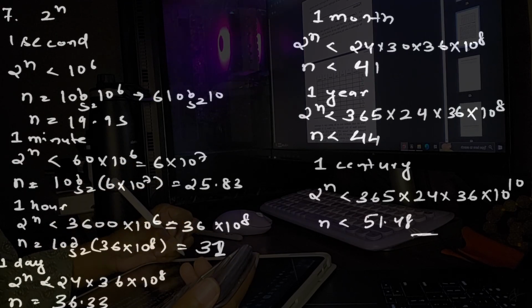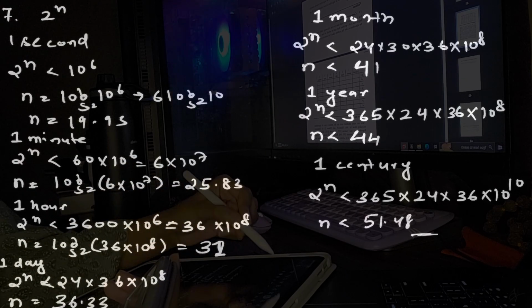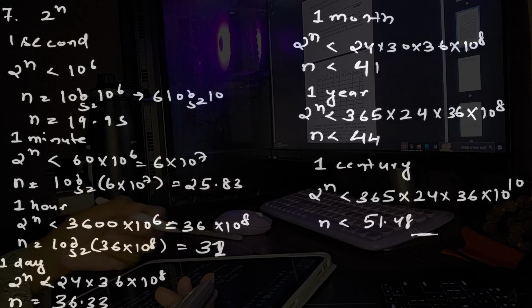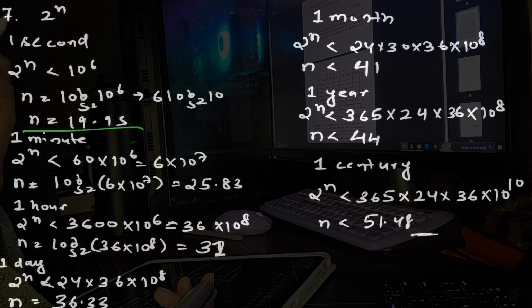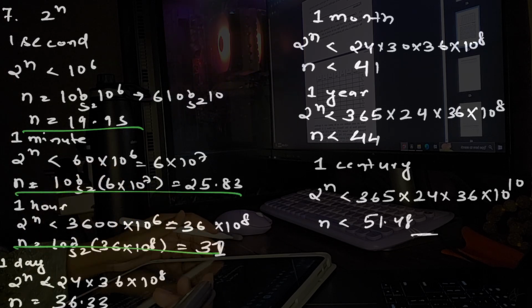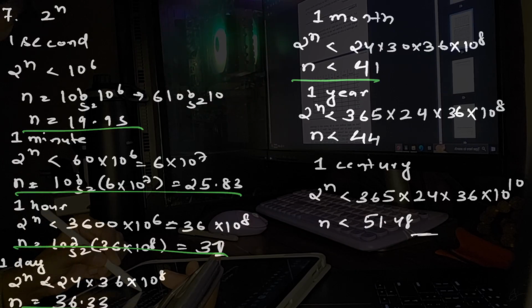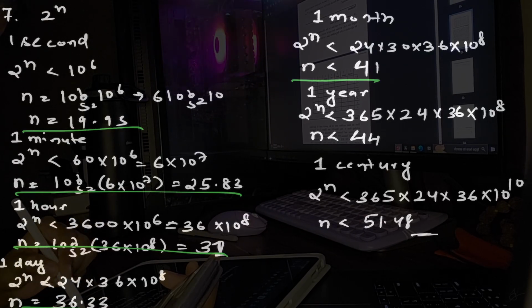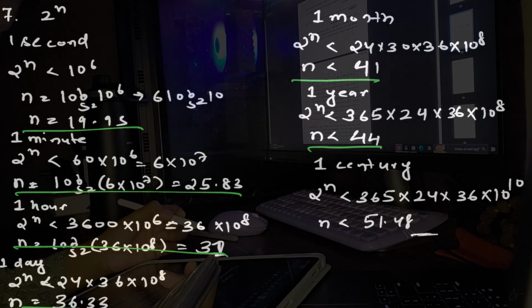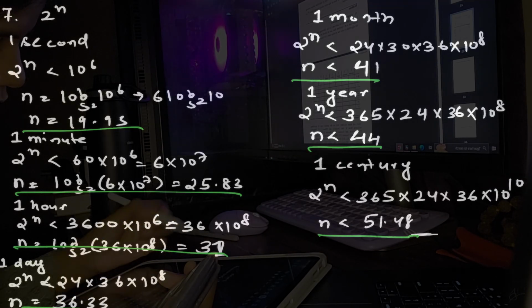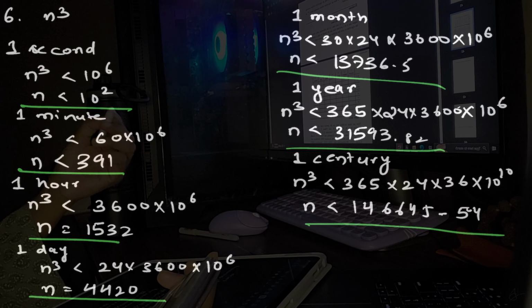Okay, so the amount of data, or the amount of inputs that can be solved in 1 second, is 19, 25, 31, 36, 41, yeah, 44 and 51.